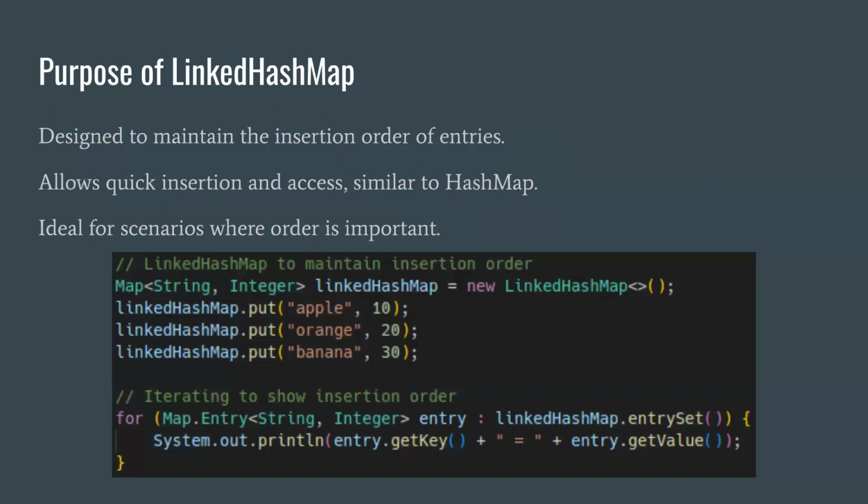An example could be a caching mechanism or maintaining a predictable iteration order. Here's a code snippet to show how you can create a LinkedHashMap, add items to it, and iterate.